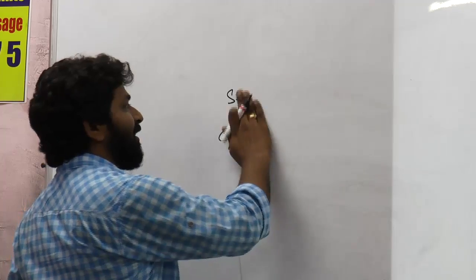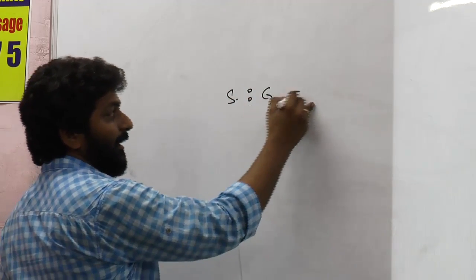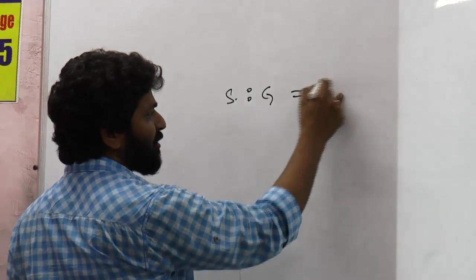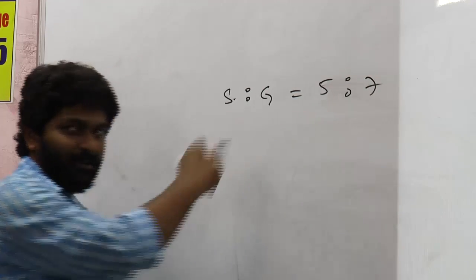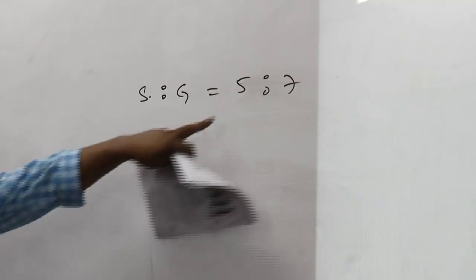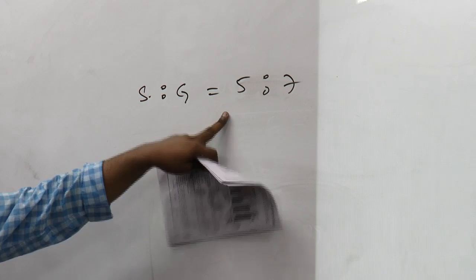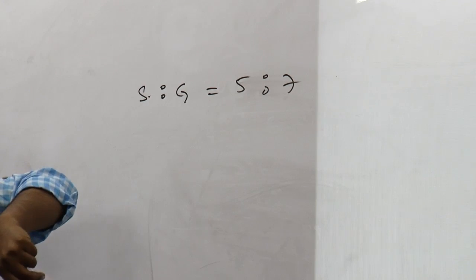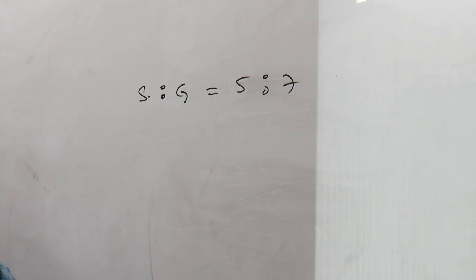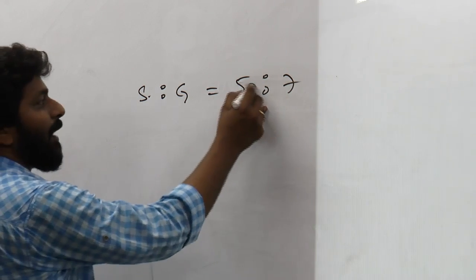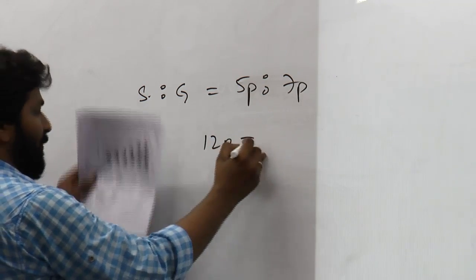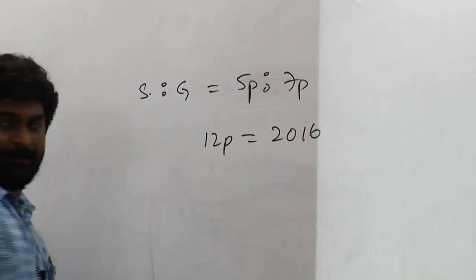So services to goods ratio becomes 5:7. It's in 2007. This is the same ratio that follows in 2012 also. And how much is total export given in 2012? 2016. So that is 5 parts and 7 parts, total 12 parts, which is equal to 2016.